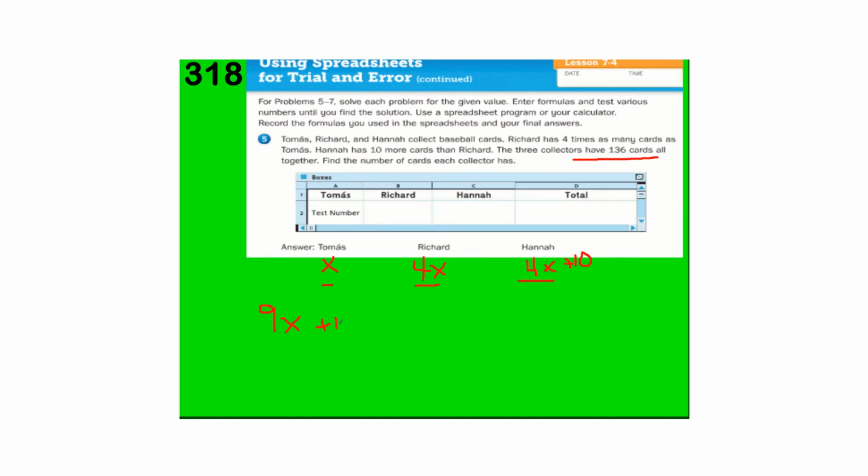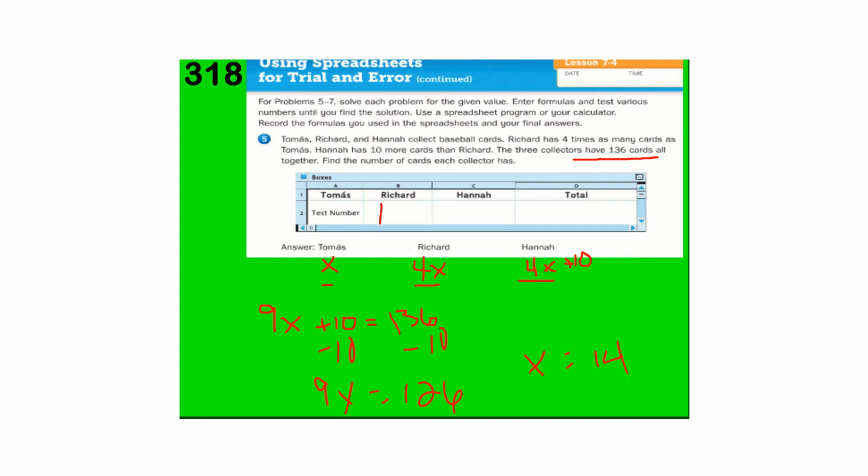So 9x plus 10 is going to equal our 136. Sorry about that. Let me take that off there. Okay, if we take 10 off both sides, 9x is 126. Divide by 9, x equals 14.